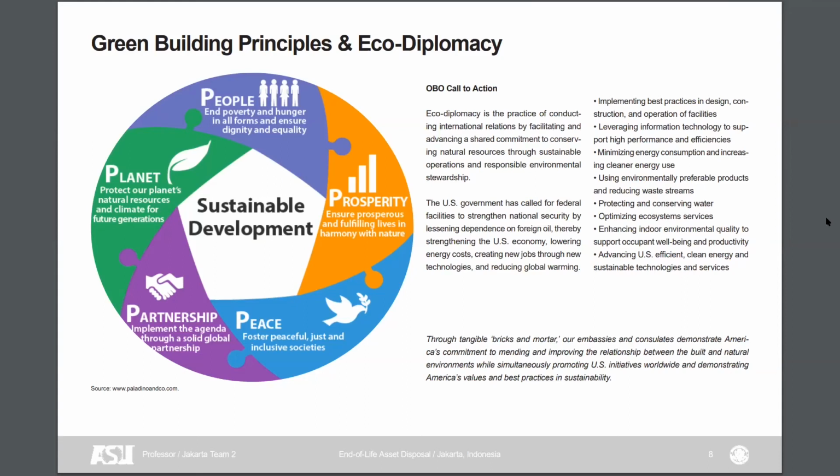So really kind of highlighting these ideas that are already employed by OBO during the lifespan of a building, but considering it into this particular phase of a new embassy in a new city.